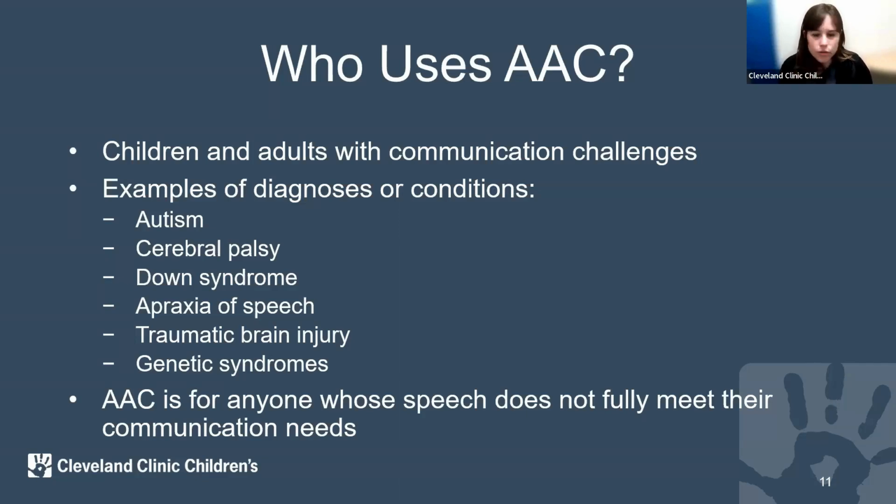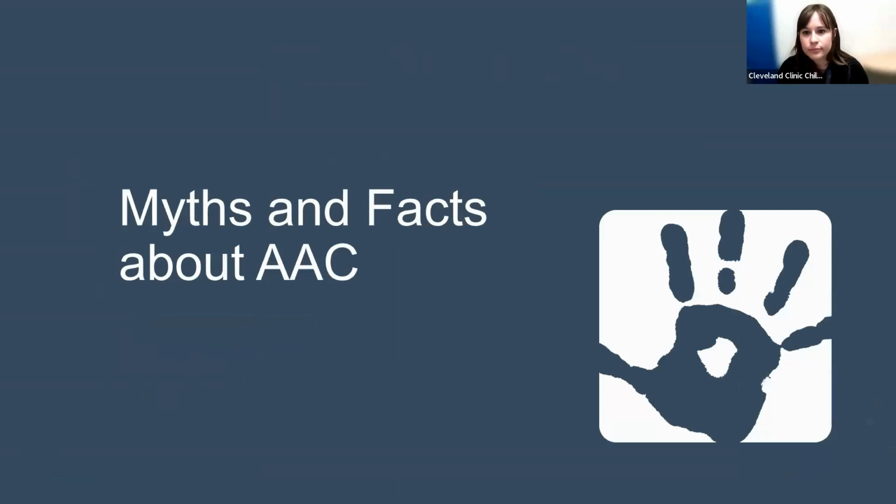Maybe traumatic brain injury or some genetic syndromes. When we're looking at adults, we see a lot of people with ALS, Parkinson's, those types of diagnoses. Ultimately, AAC is for anyone whose speech does not fully meet their communication needs.